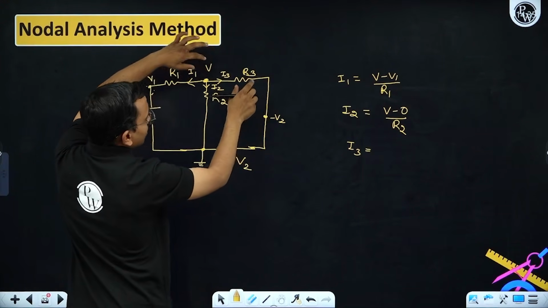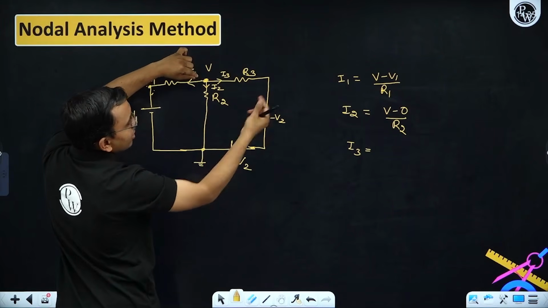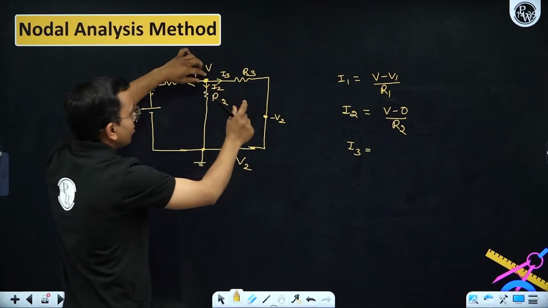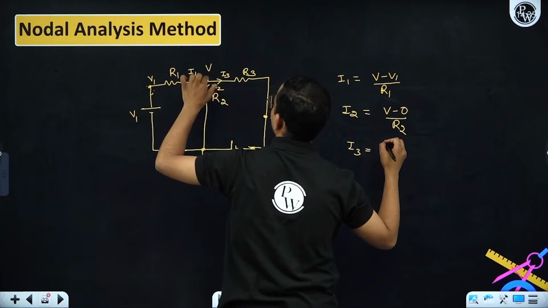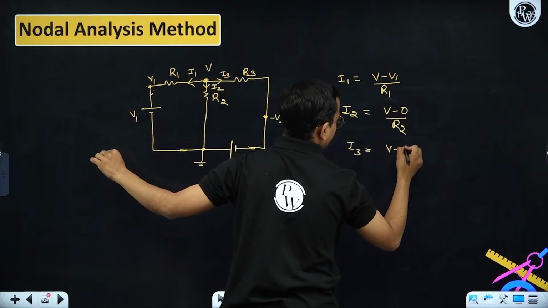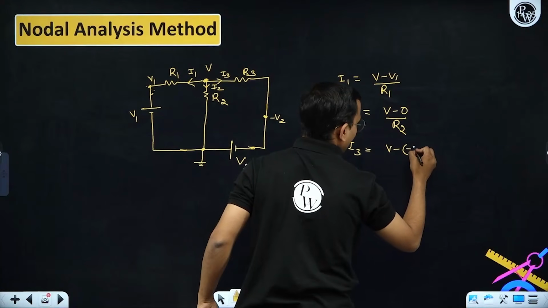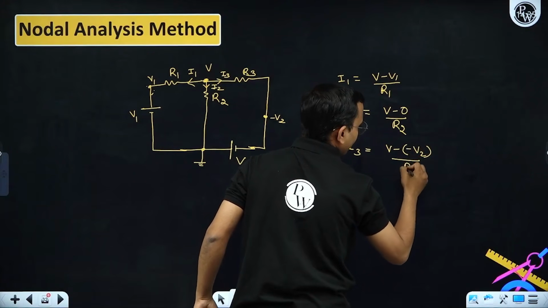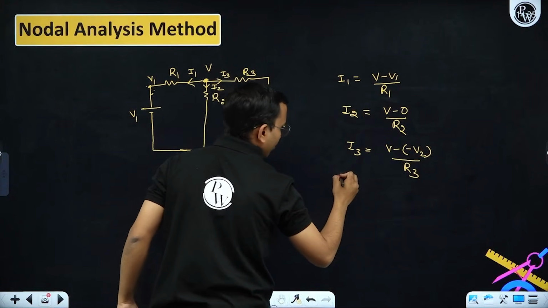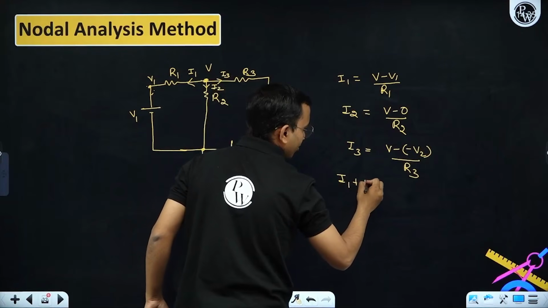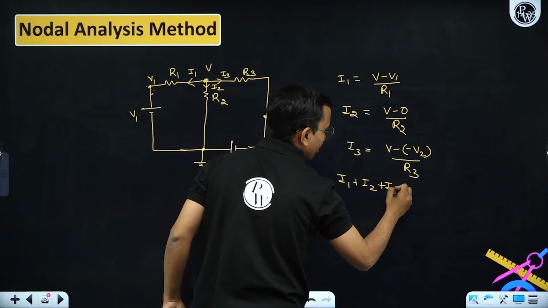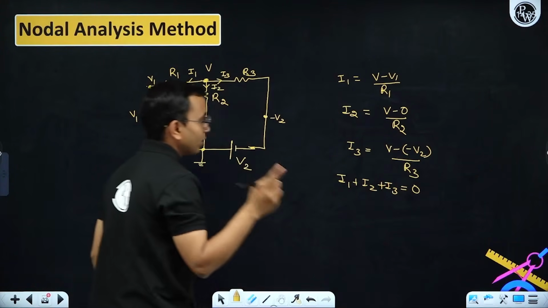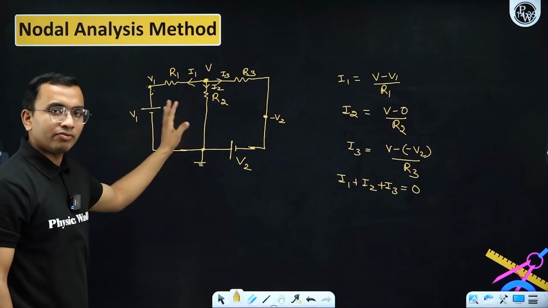Potential across resistance R3 will be V minus V2 divided by R3. So I3 will become V minus of V2 divided by R3. Wrote it. Now I1 plus I2 plus I3 is equal to 0. From here you will get V. After getting V, you can write and solve.